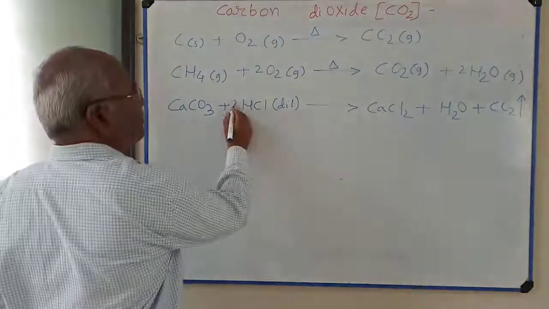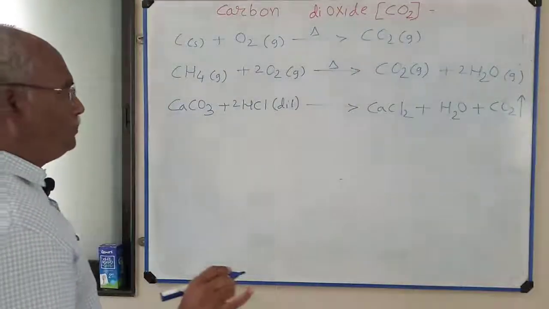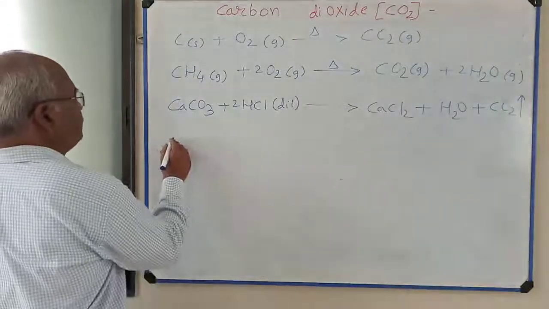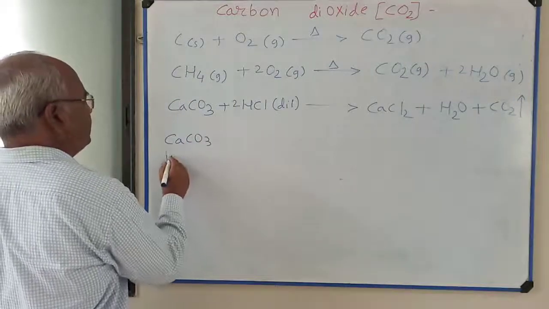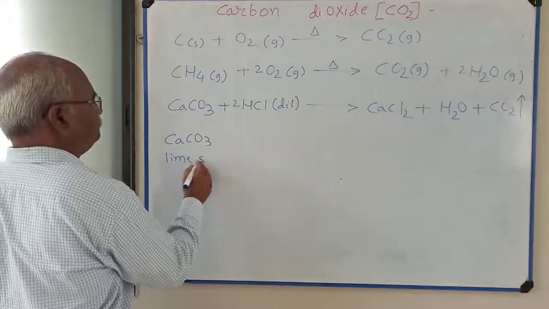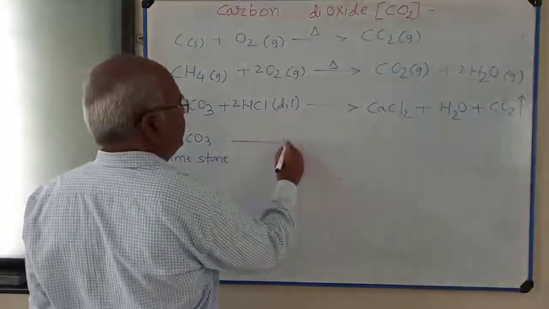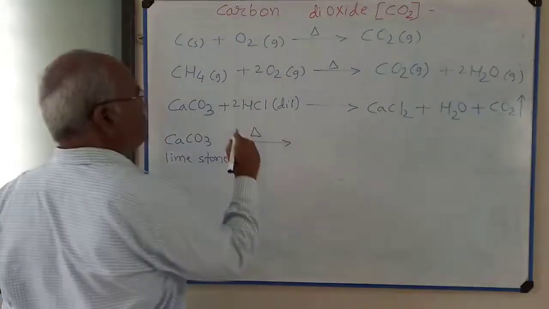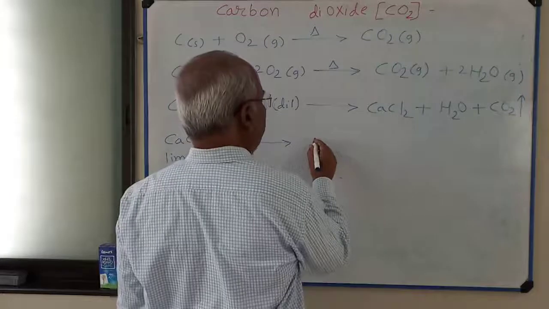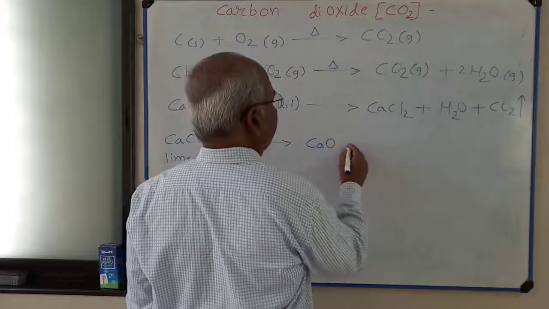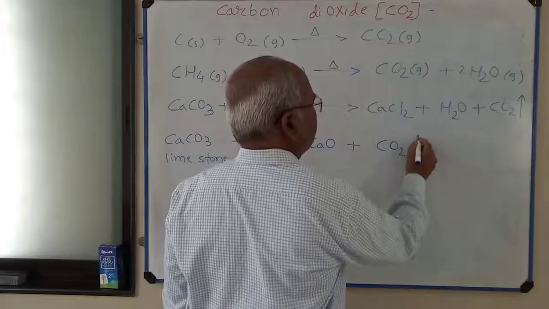I take twice HCl. Now it is balanced. You know that CaCO3 is known as limestone. This limestone, when strongly heated, forms calcium oxide plus CO2.